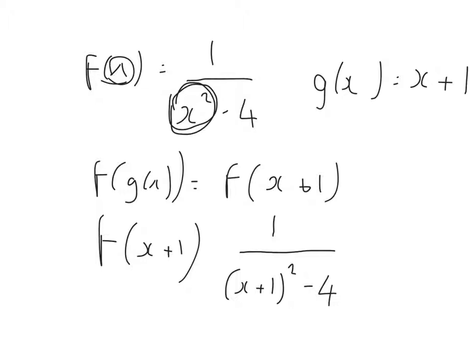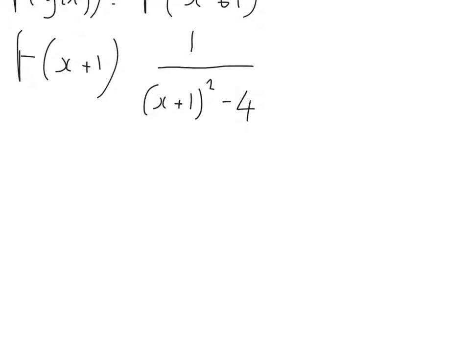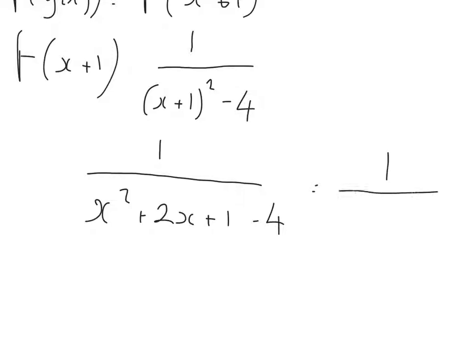I can then tidy up the denominator there. So that will be 1 over x squared plus 2x plus 1 minus 4, which can then be written as 1 over x squared plus 2x minus 3.